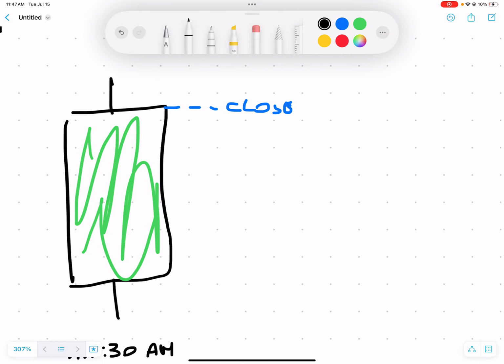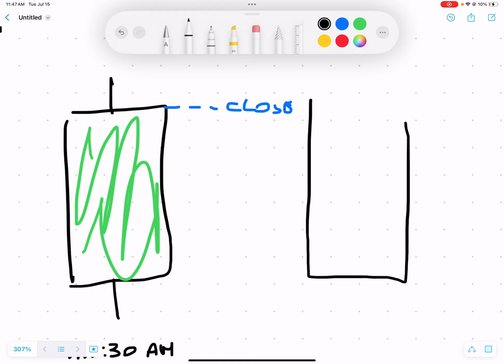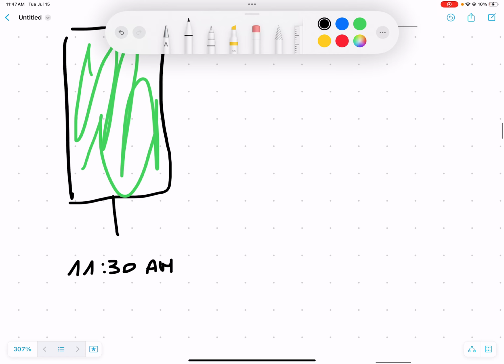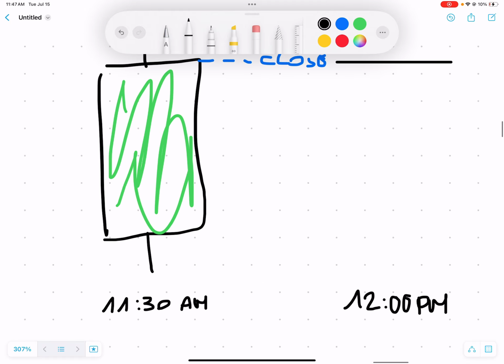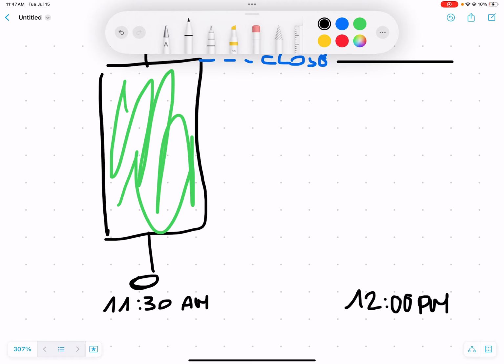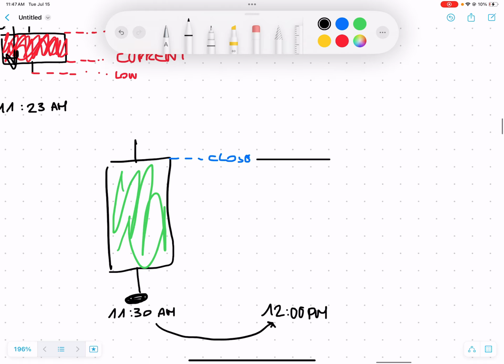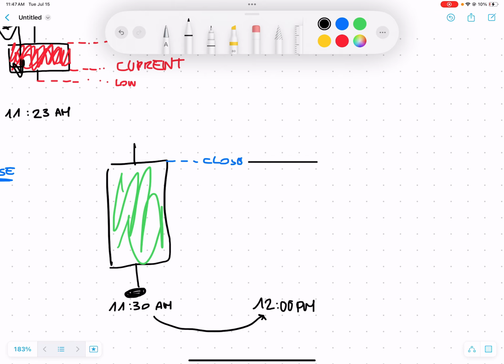It is now 12 p.m. What does that mean? It means that for 30 minutes, this candlestick moved, and then at 12 p.m., we have a new candlestick, a new 30-minute candlestick that will be moving for the next 30 minutes.